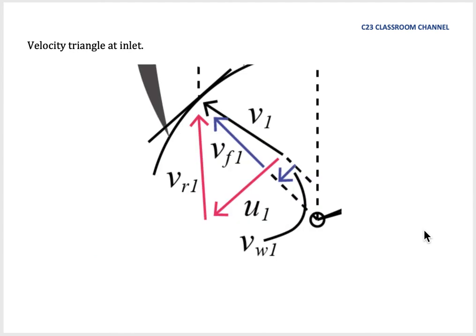So this is the close up of the inlet velocity. Again, this is the absolute velocity. And then this triangle is for U1 and VR1, and this triangle is for VW1 and this is for VF1.